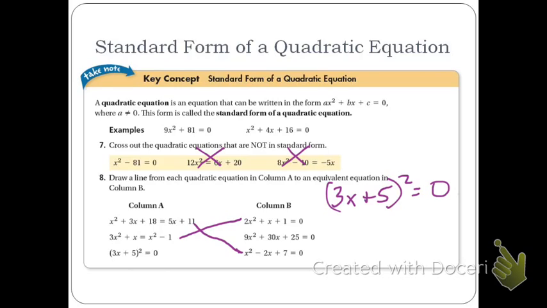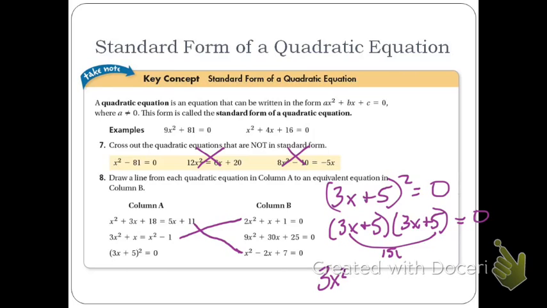Notice that this is a binomial squared, so we need to rewrite that as two separate binomials that you're multiplying together. And then use whichever method that you prefer. You can use the box method, stack it, or FOIL. I'm going to go ahead and FOIL it this time.